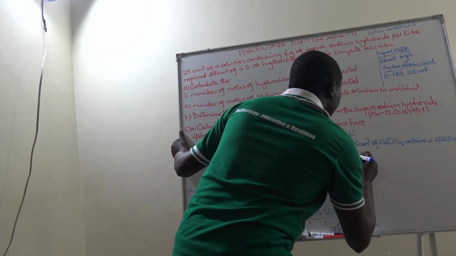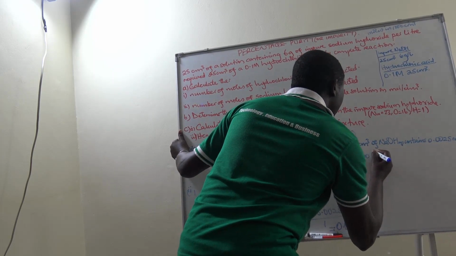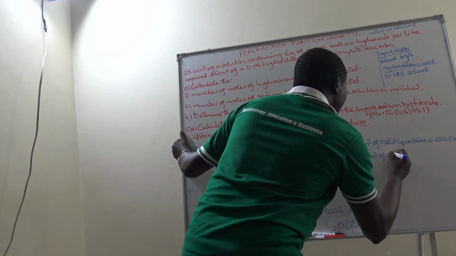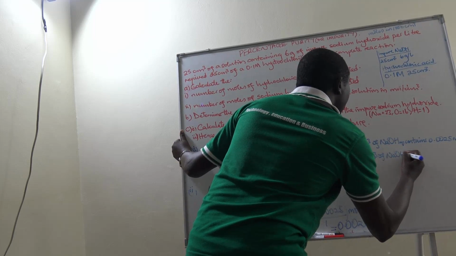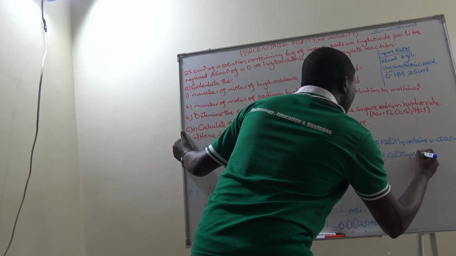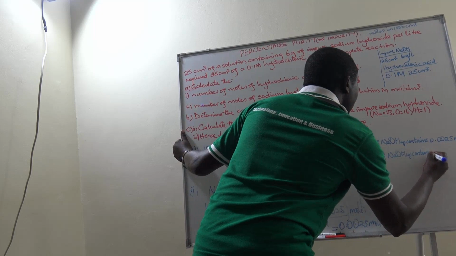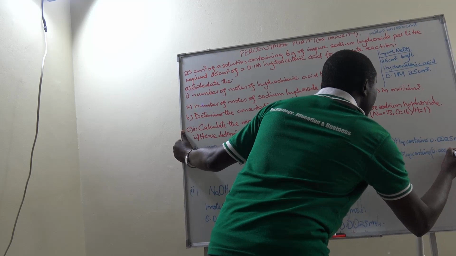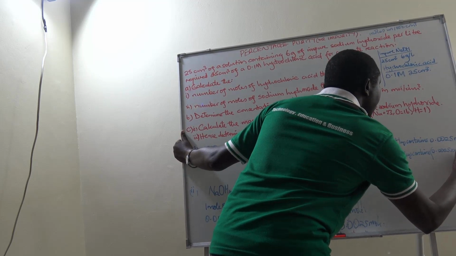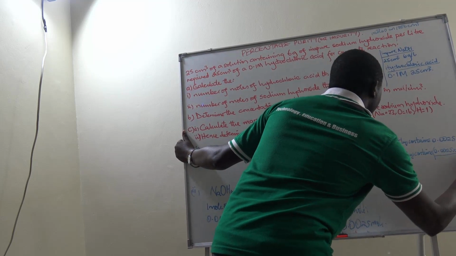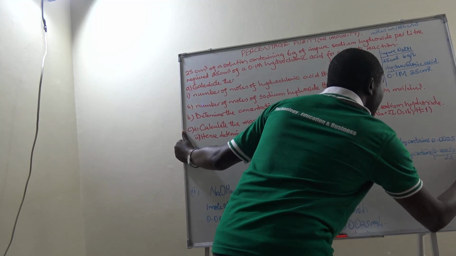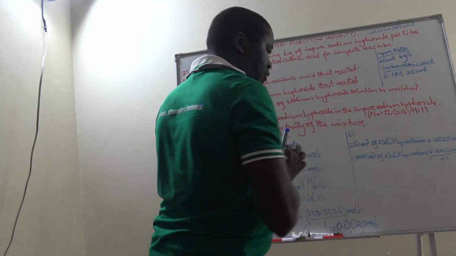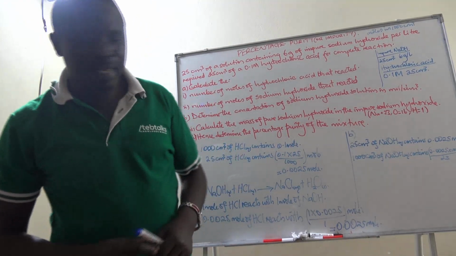And then what of 1,000 cubic centimeters? 1,000 cubic centimeters of sodium hydroxide solution contains, we cross multiply, we get 0.0025 times 1,000 over 25, and the unit remains the same, that is mole. So let us calculate this and we get the answer.